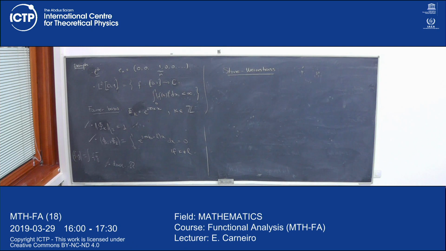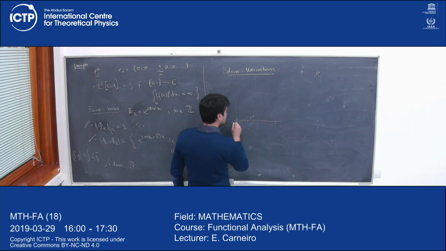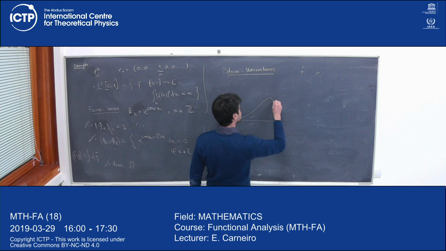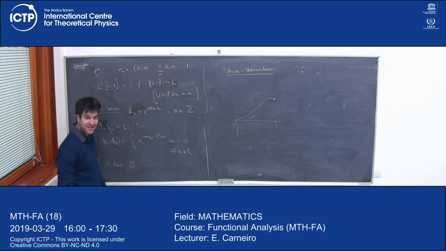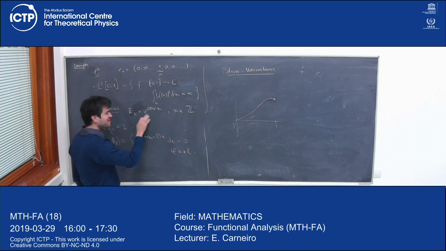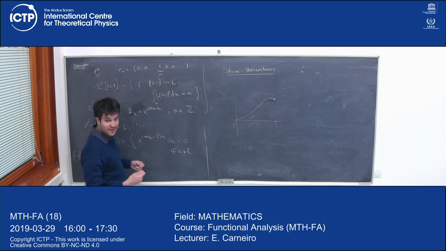At the end, I would like to approximate, say, a function that does this, right? I could try to approximate this function by linear combinations of these guys. The funny thing is that linear combinations of these guys, as you point out, will always have the same value at 0 and the same value at 1, right?